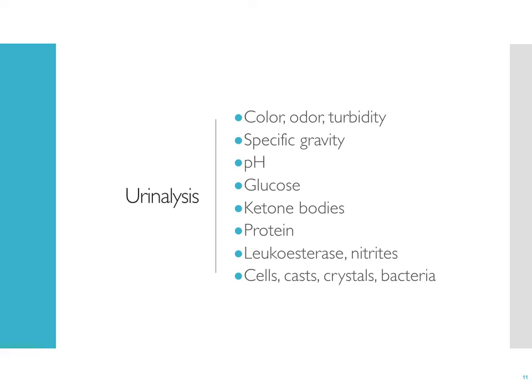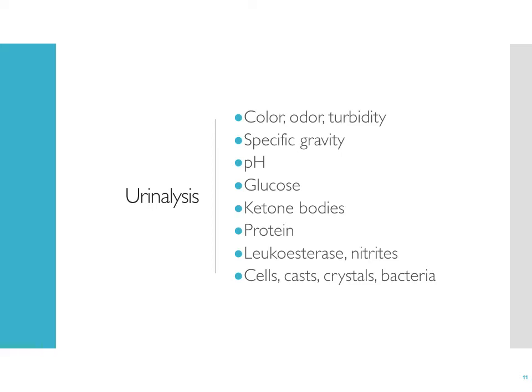Whether there's leukoesterase or nitrites in it, if there's cells, casts, crystals, or bacteria. Cells could be like red blood cells or white blood cells in the urine, which would lead us to think that there may be an infectious process going on or a hemolytic process going on. Casts are usually like, I'm trying to think of how to explain it.